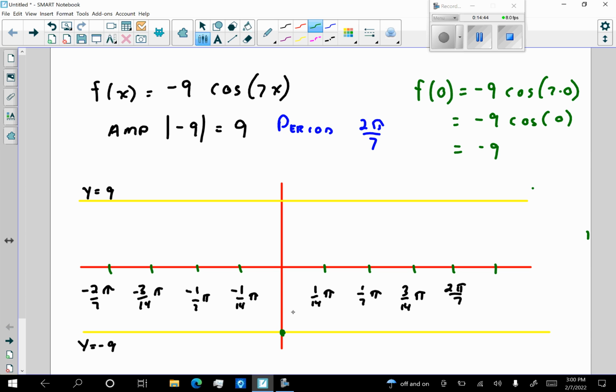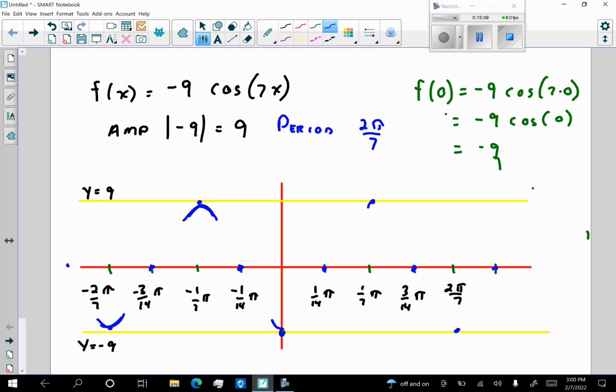And so we know what the graph is going to look like. It's going to start at a minimum, 0, maximum, 0, minimum, back to 0. And if I'm starting here at minimum, going the opposite direction, going to the left, it's going to be 0, max, 0, min. It's going to keep going, but let's sketch our nice little curve.